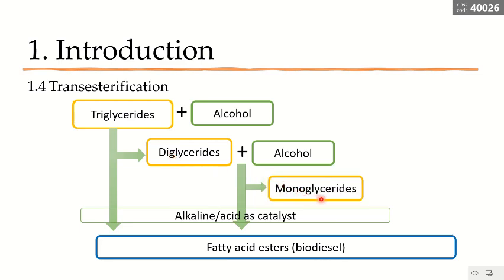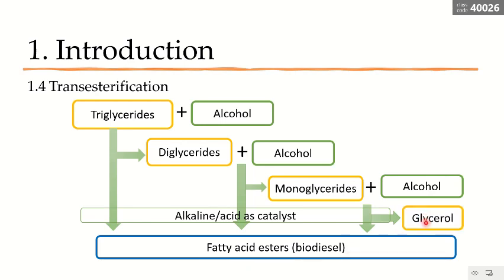So the monoglyceride will be here. And this one surely is not our final product yet. It can further react with the alcohol and produce the third molecule of fatty acid ester, plus the final alcohol here, which is glycerol.